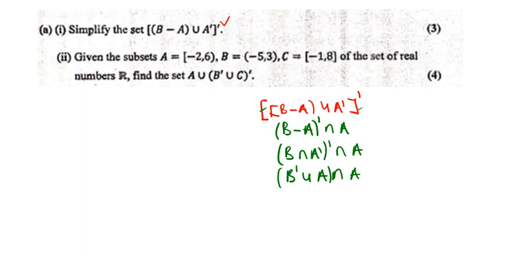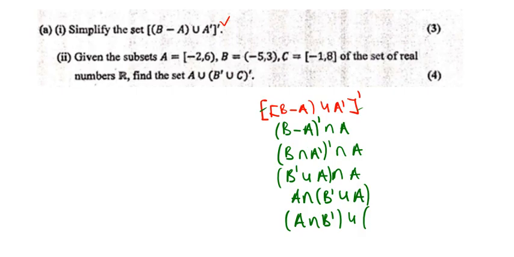Yes. So from there we can use what we call the distributive rule. It's as good as writing this as A intersection open bracket B complement union A. So let me use the distributive rule. I'll distribute that A, that will be A intersection B complement, then union A intersection A. You remember this?